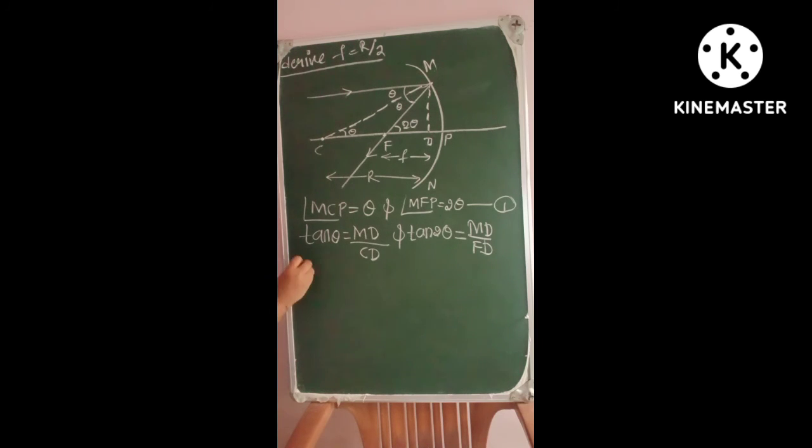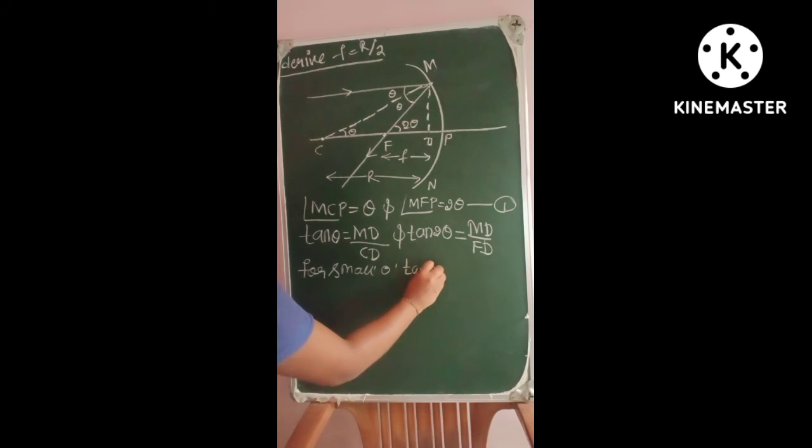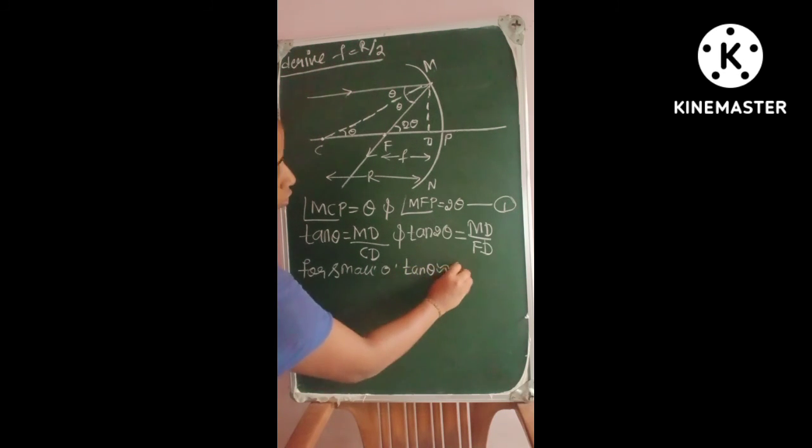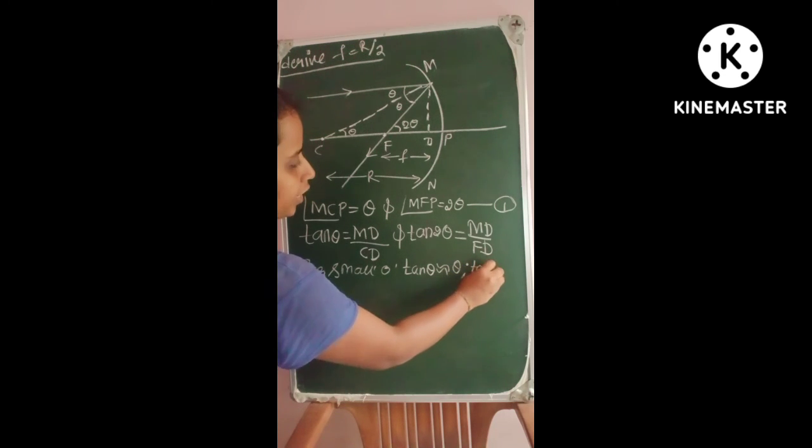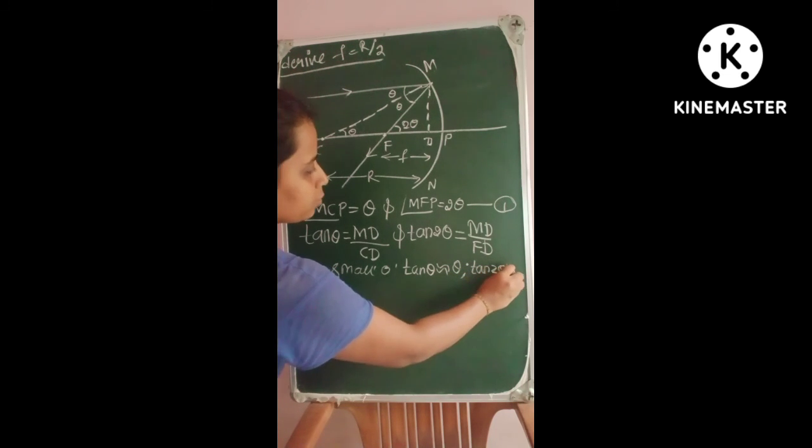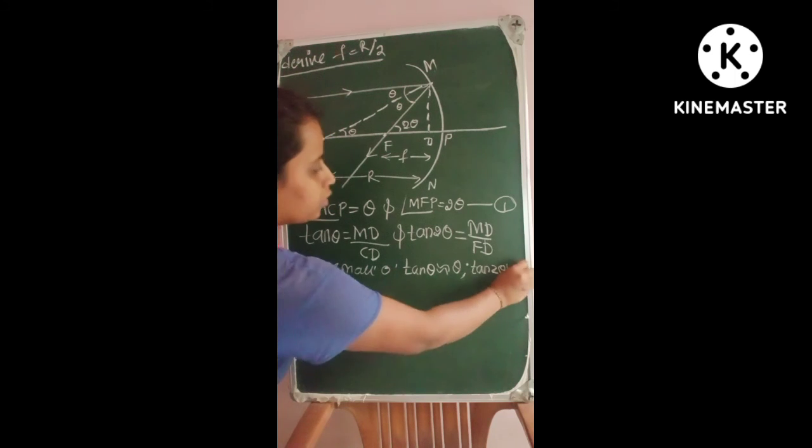For small values of theta, that is for the paraxial rays, tan theta value will be approximately equal to theta, and tan 2 theta will be approximately equal to 2 theta.